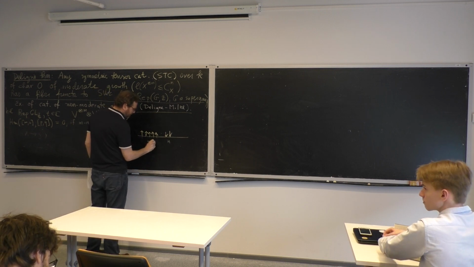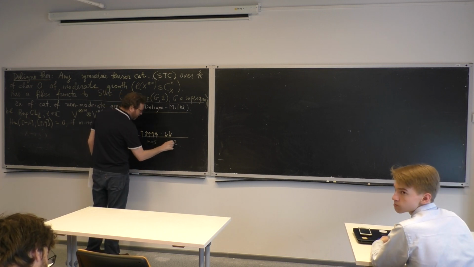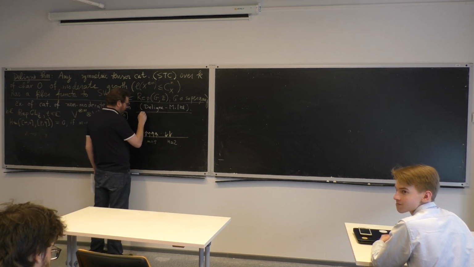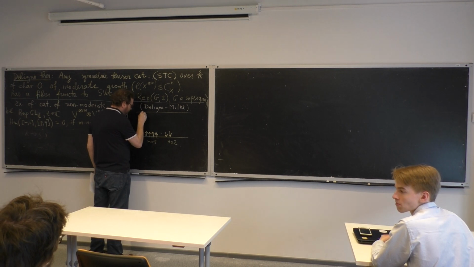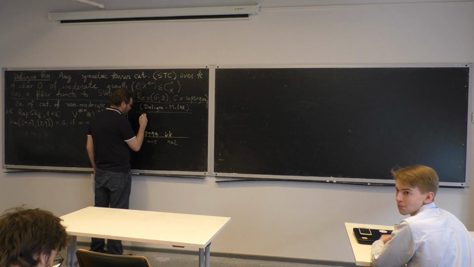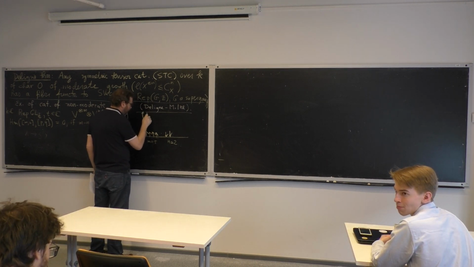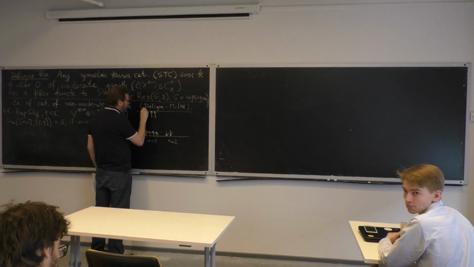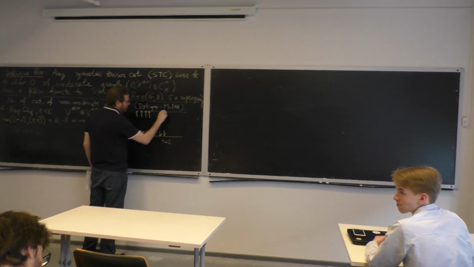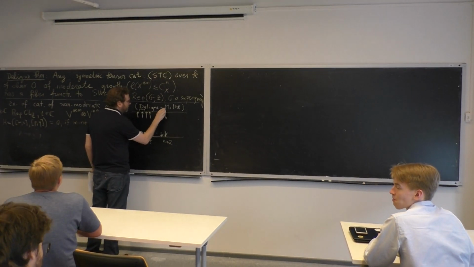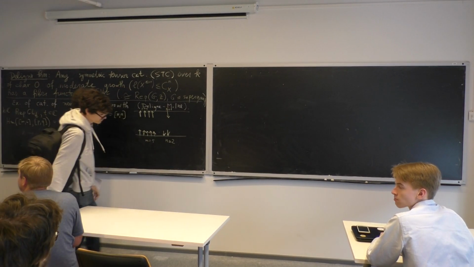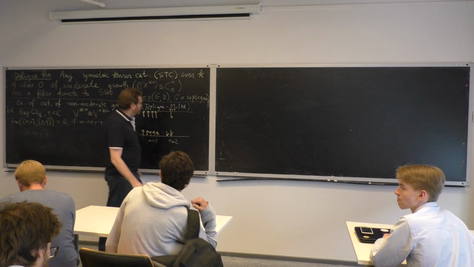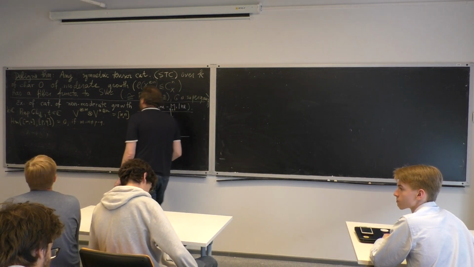So let's say in this case m equals 5 and n equals 2. And similarly here, copies of V will be up arrows, p equals 4, and copies of V star will be the down arrows.